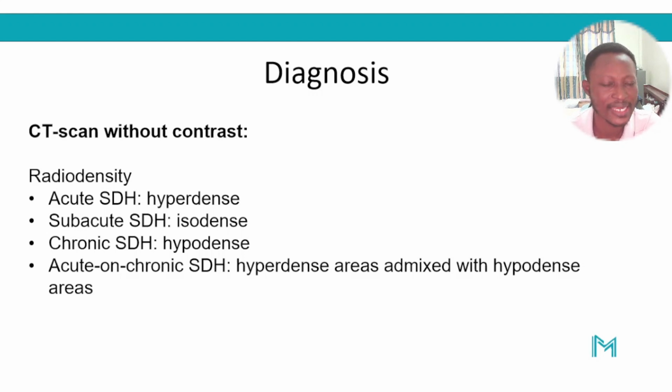Then you have chronic, hypodense. Hyper means higher density than the surrounding tissue. Isodense means iso, the same, so the same density as the surrounding tissue. Hypo means low density compared to the surrounding tissue. Then you have acute on chronic, a mixture of hyperdensity and hypodensity. Classically you see that on a CT scan without contrast.